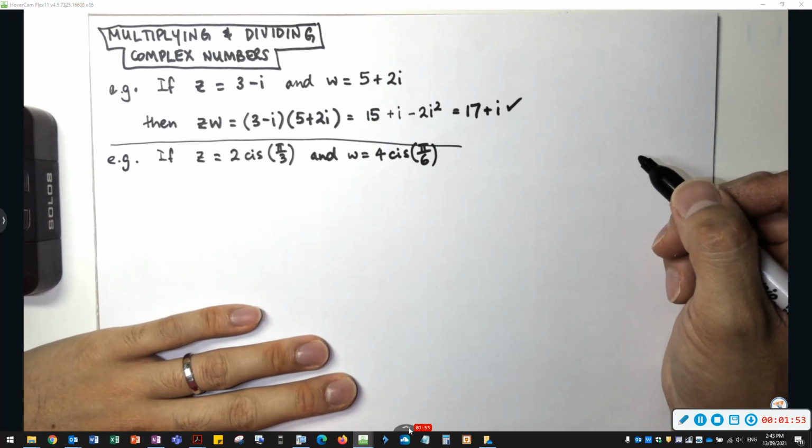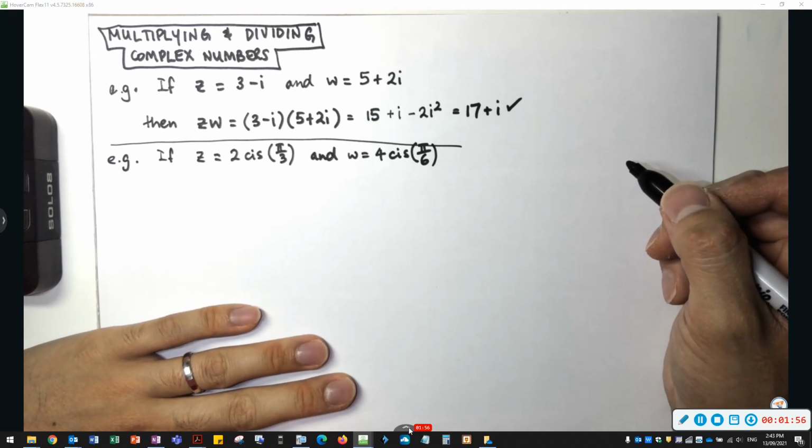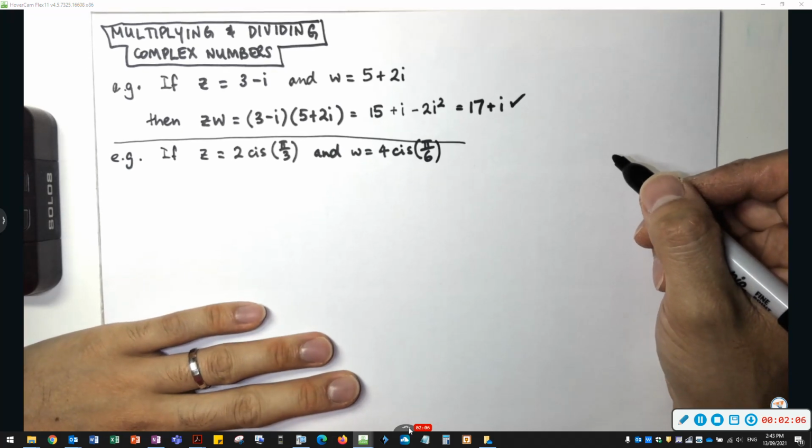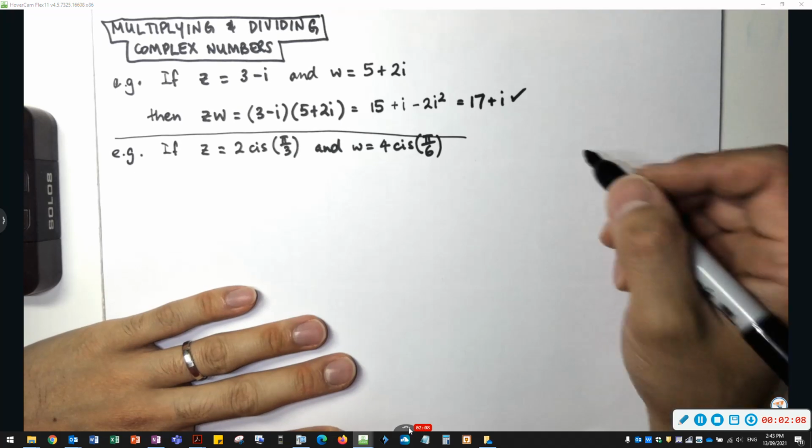You might be thinking, why don't we just convert them into Cartesian form and then multiply? And then we can change it back to polar form if we have to. So that's one way to do it. Let's have a quick look at the answer.